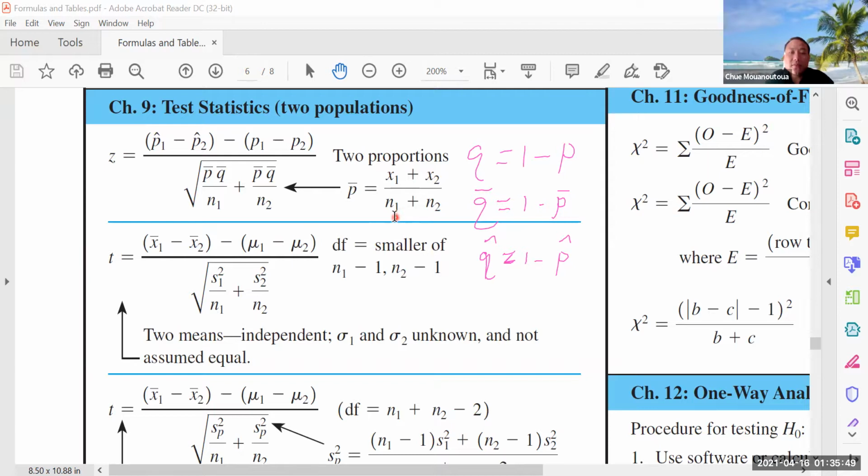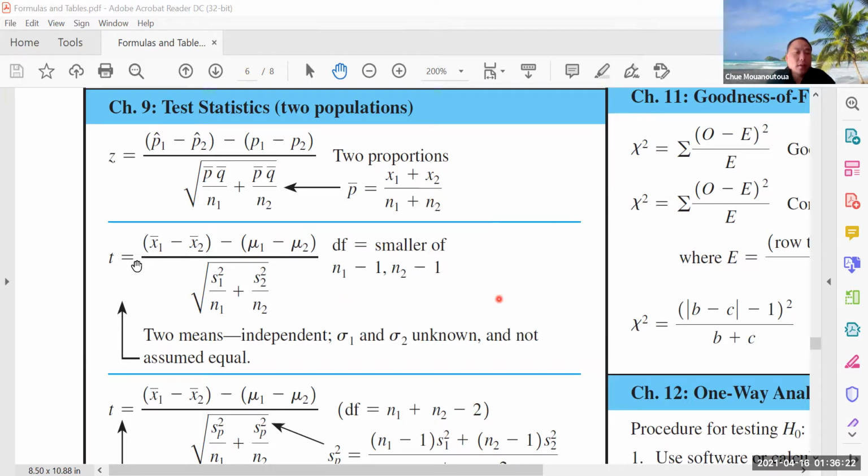N2 is your second sample size, right? I mean, common sense here. X2 came from your second sample. But look at this formula. It shouldn't be hard to read. Remember you can use this for the test.